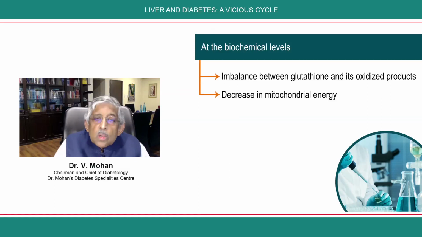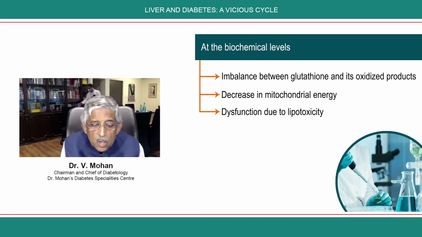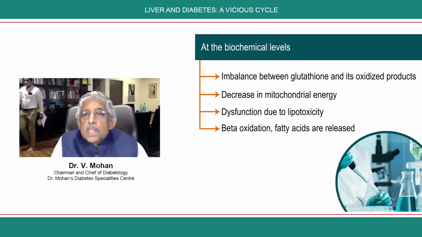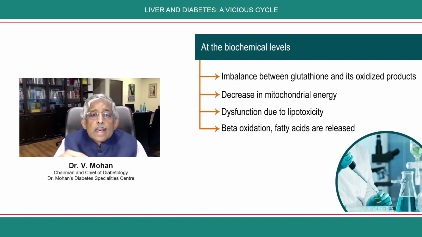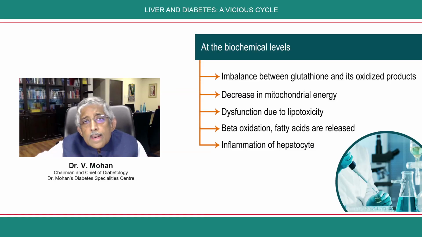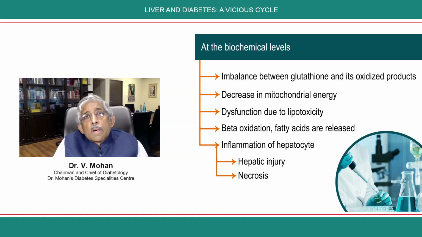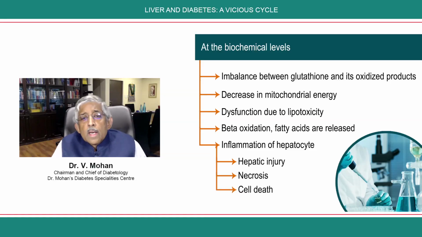So this leads to decrease in mitochondrial energy, which in turn leads to a dysfunction due to lipotoxicity, which leads to beta oxidation and fatty acids are released. The hepatocytes are now getting inflamed, and then this sets the process going until the liver is damaged, hepatic injury, hepatic necrosis, cell death, leading on to fibrosis and then to cirrhosis. So that is the background.